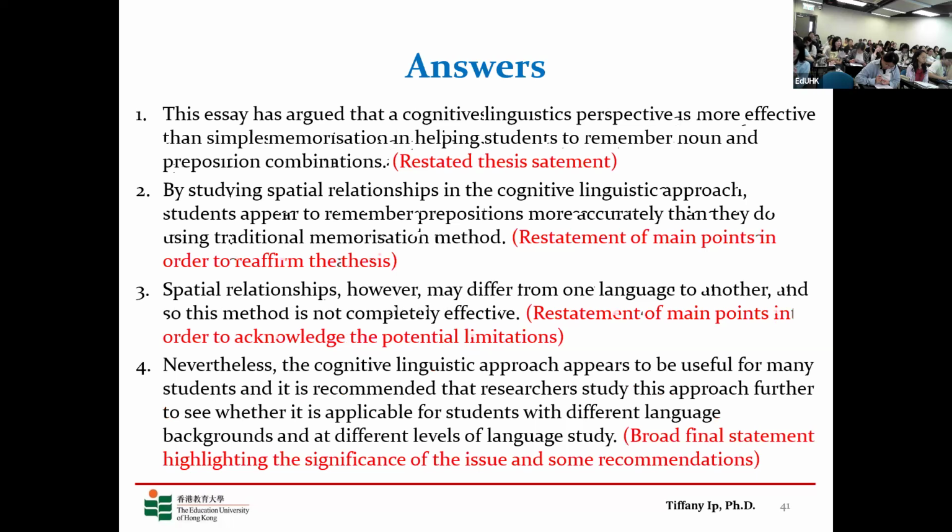Nevertheless, it's still the most useful one so far, appears to be useful for many students. You see the words "appears to be". We're not saying it's definitely useful because there are limitations. But at the end of the day, it's at least the best so far, according to the writer.